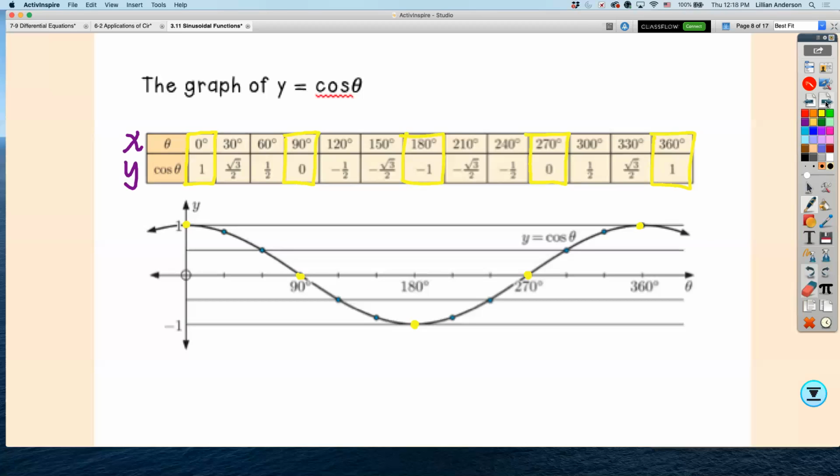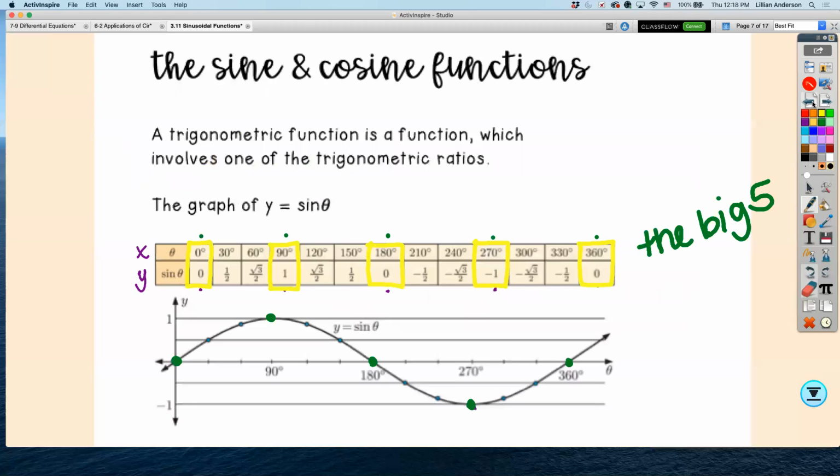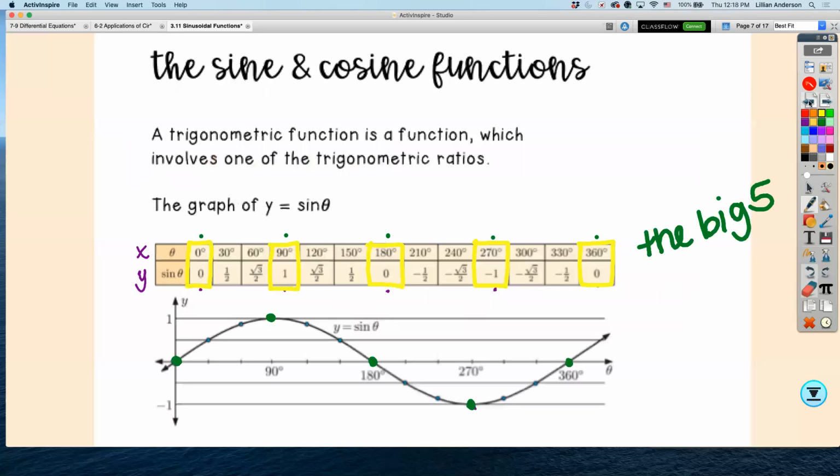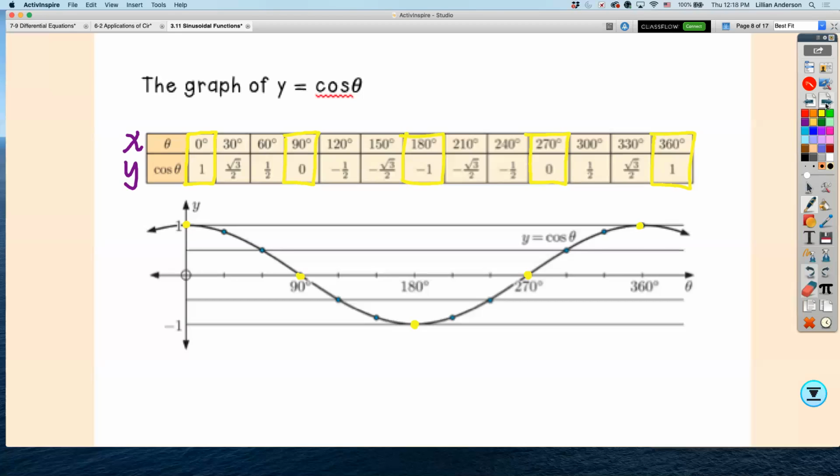Periodic functions. What else is the same between sine theta and cosine theta? The values are the same, they're just flipped around. They use the same y values, just slightly flipped around. Okay. That's a similarity and a difference.